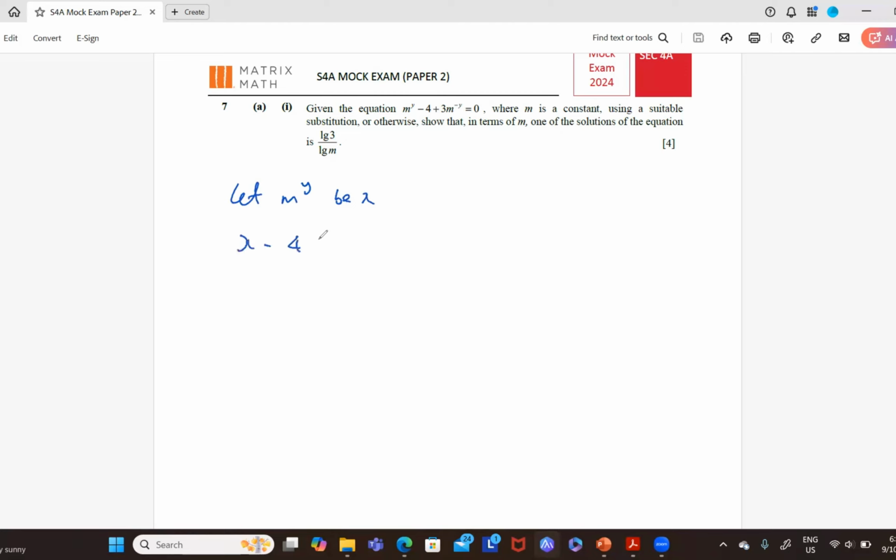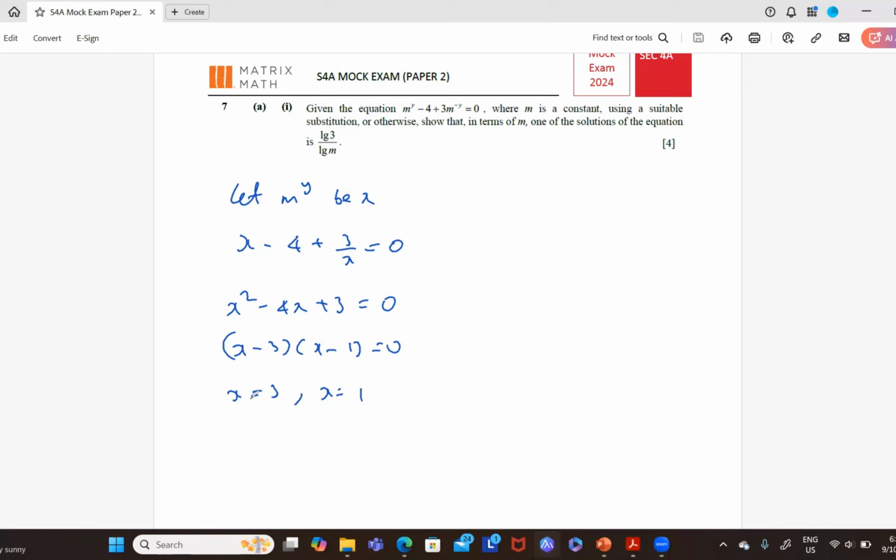So x minus 4 plus 3 over x equals 0. Multiply the whole thing with x. So now you have x squared minus 4x plus 3 equals 0. Factorize this, you have x minus 3 times x minus 1 equals 0. So x equals 3 or x equals 1.